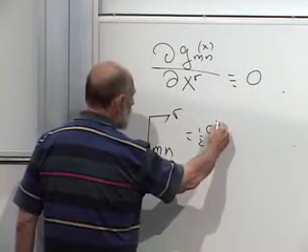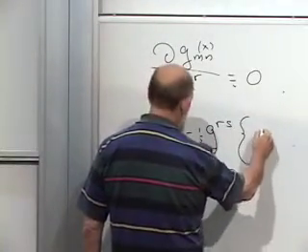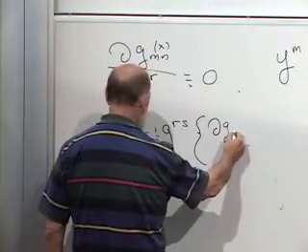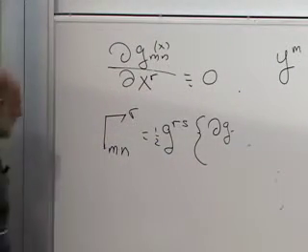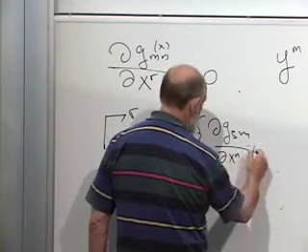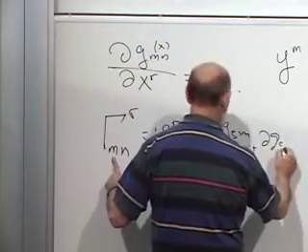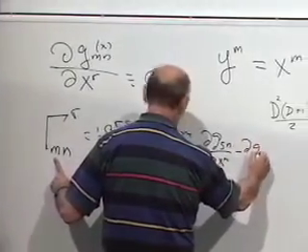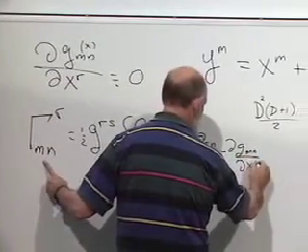One half g^{rs} times the derivative of g_{sm} with respect to x^n plus derivative of g_{sn} with respect to x^m minus the last one, derivative of g_{mn} with respect to x^s. This is the Christoffel symbols.